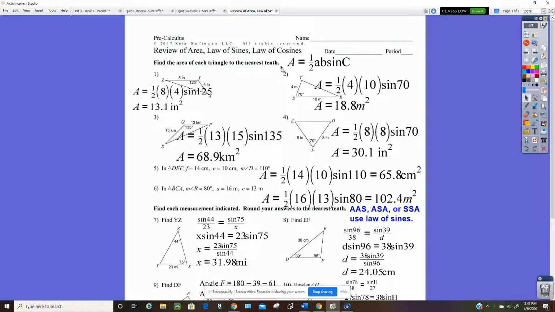If you're given two sides and the included angle, you can use this formula right here: the area is equal to 1/2 AB sine of C. Once again, sides A and B are the sides that surround the angle C, so angle C would be the included angle, and A and B would be the two sides there.